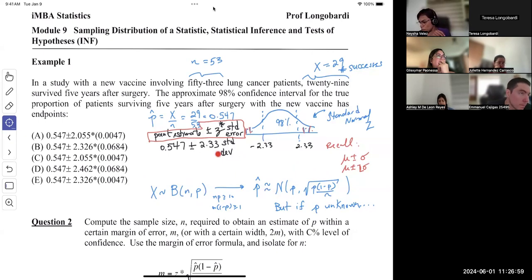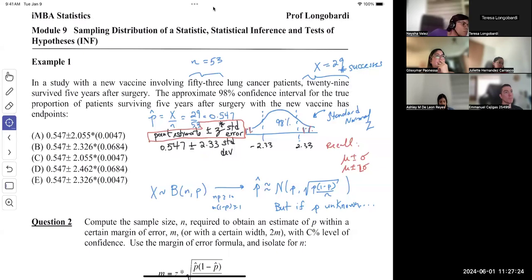How do I find the standard deviation? I'm going to go to the theory here as well. Because I don't know P, I'm going to substitute the P hat for the P. That's what I did here. I made it the mean, the center of this interval I'm going to create.